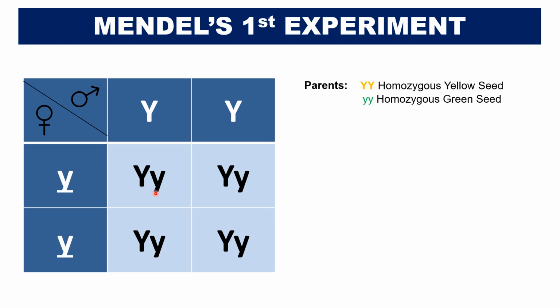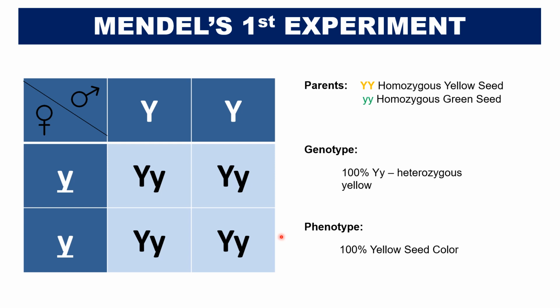So big Y and small y will form heterozygous yellow. We always write down first the big letters or dominant alleles. So the genotypes are 4/4 heterozygous yellow, and the phenotype is 4/4 or 100% yellow seed.